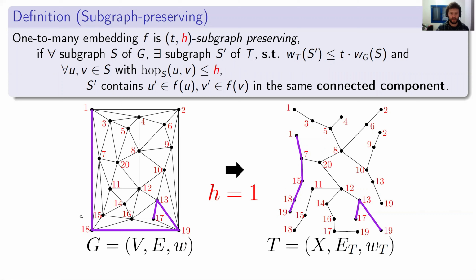So 1 and 18 have copies here in the same connected component, 18 and 19 are here, and 19 and 13 are here. Now 19 has several copies in the subgraph S prime, and 13 and 17 are here. Once we increase h to 2, now 18 and 13 should also have copies in the same connected component, and this happens here. And at h equals 3, we already have a single connected component in the image.